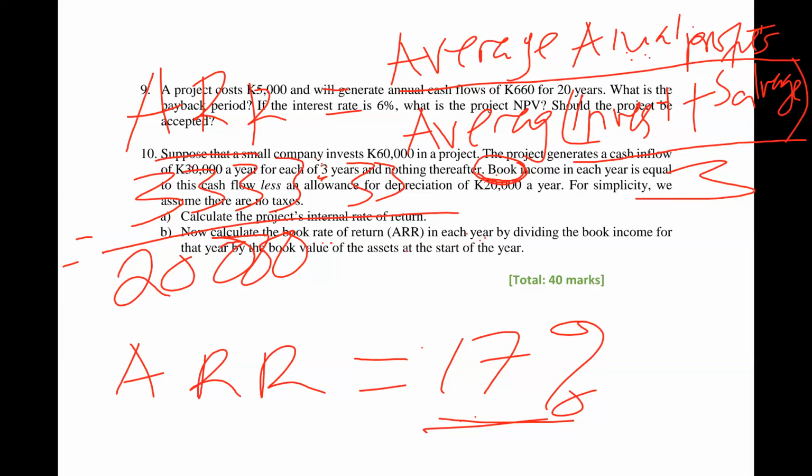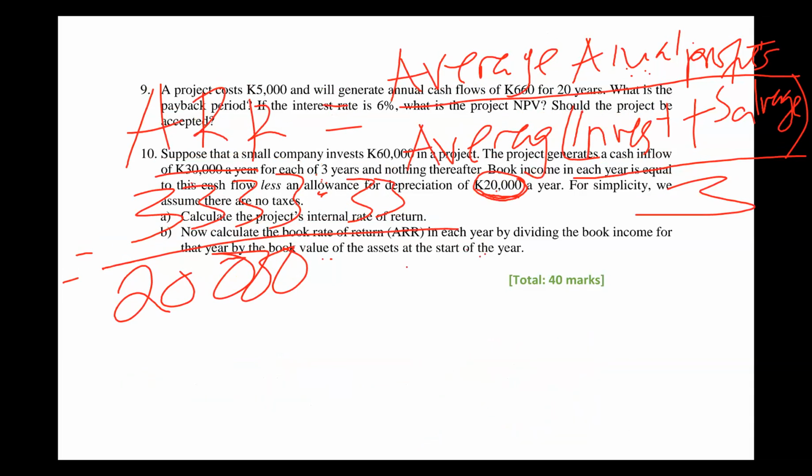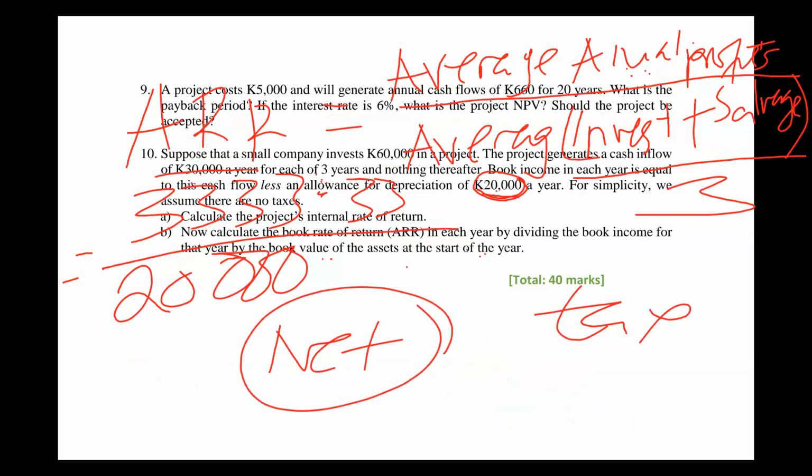If you are given any profits in the question, you just have to find out whether these are annual profits. Sometimes you can be given the net profits. If you're given the net profit and you're given taxes, you have to subtract the taxes from the net profit, so that you can find that annual profit.